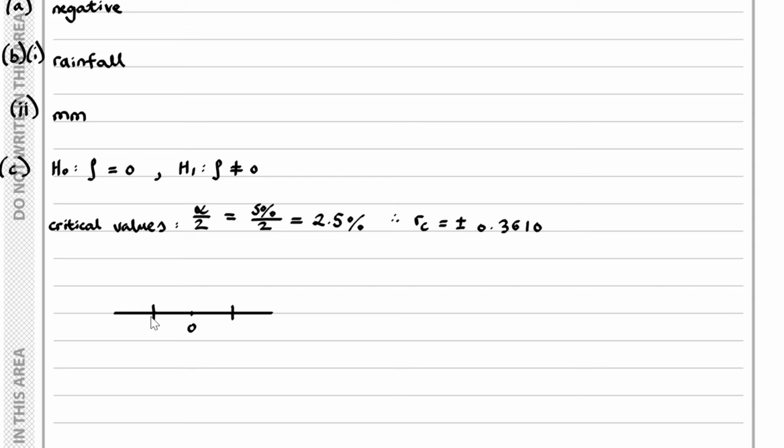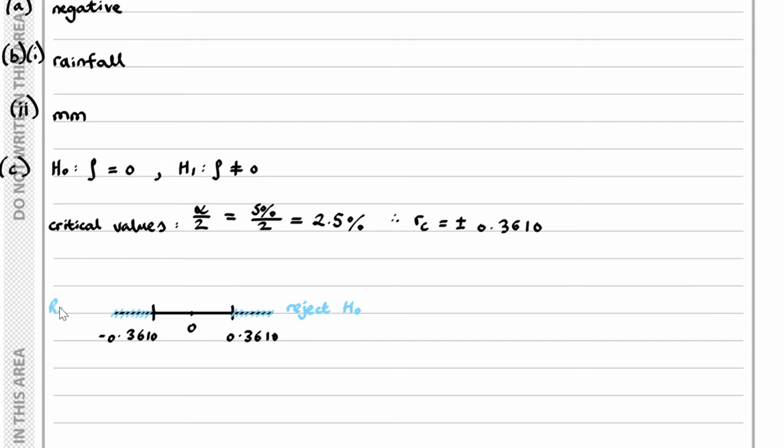And here we've got the -0.3610, and here we've got 0.3610. And where we would reject H0 would be over here. So in these regions we would reject H0. So let's just add that here.